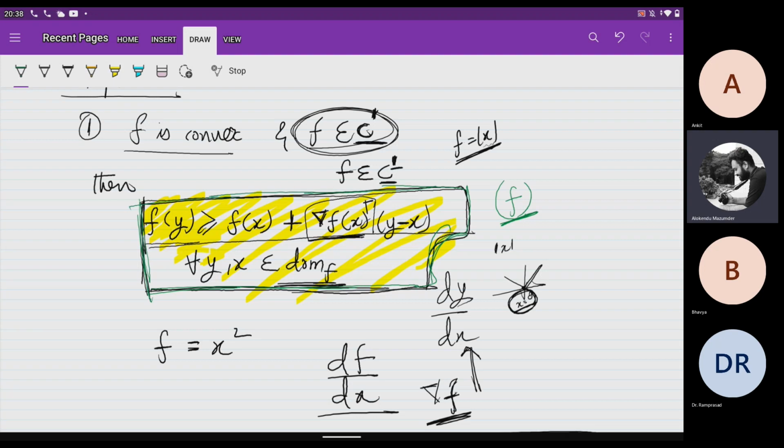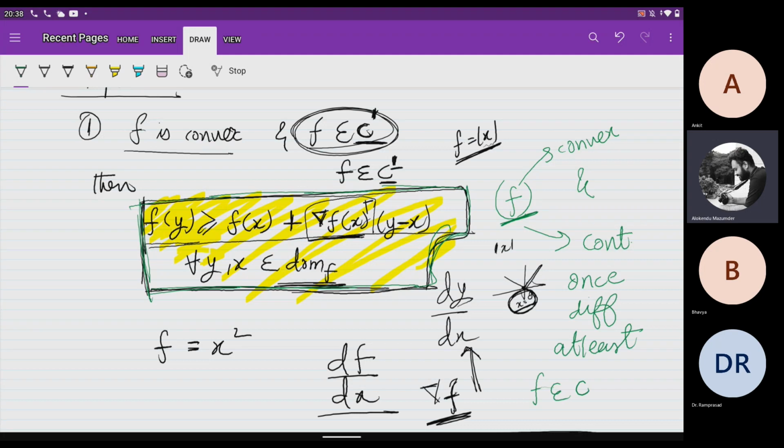If f is convex and it is continuous and once differentiable at least, or you can say f belongs to C1.